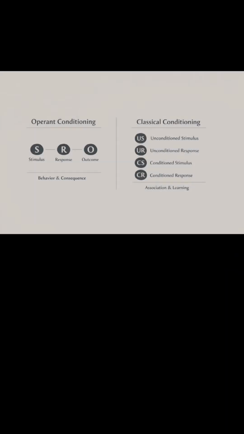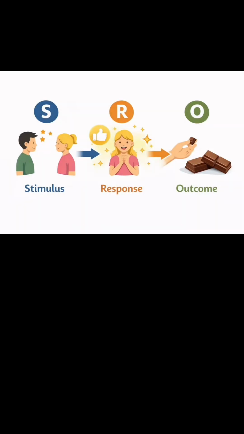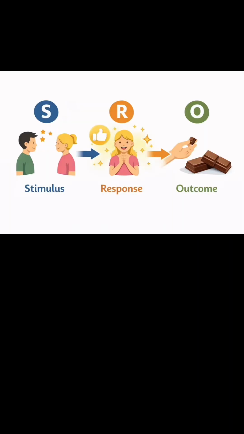Chocolate? Now, did you guess operant? If so, you're right. Now, let's break it down. In this clip, Sheldon is trying to change Penny's behavior by giving her chocolate when she does something he approves of. We can break this down using the SRO model. The S, or the stimulus, is Sheldon watching Penny.